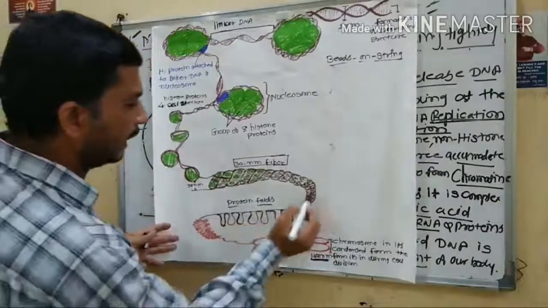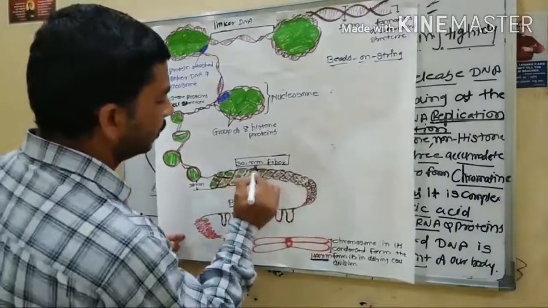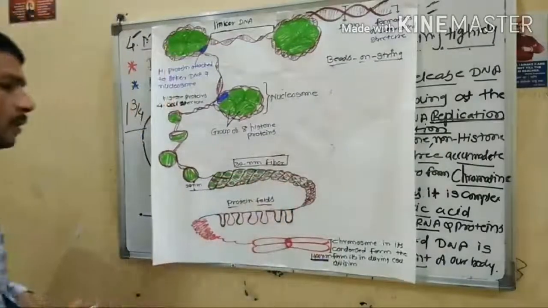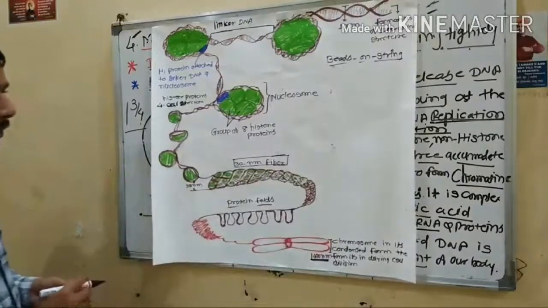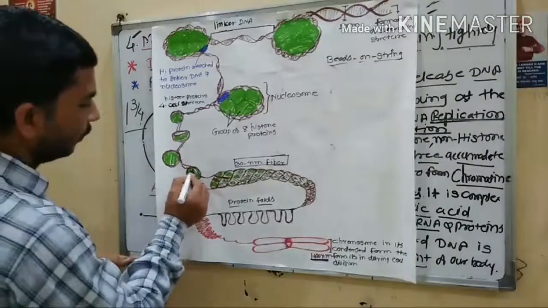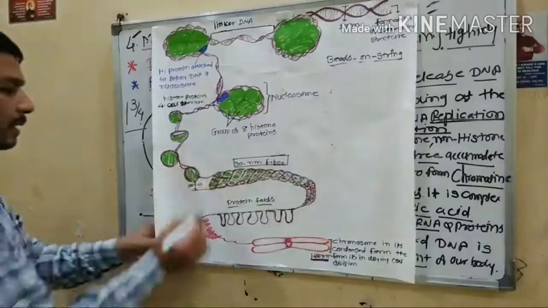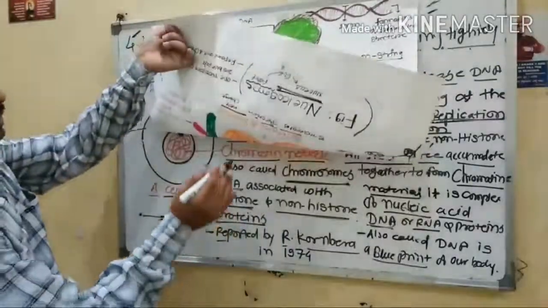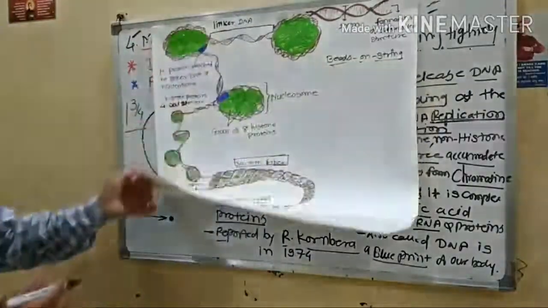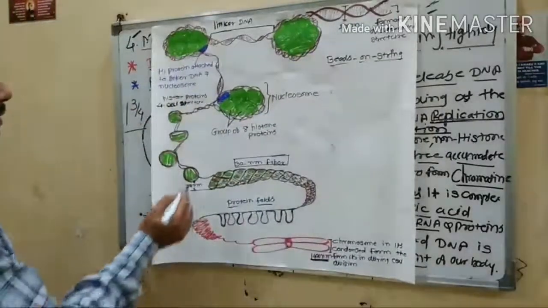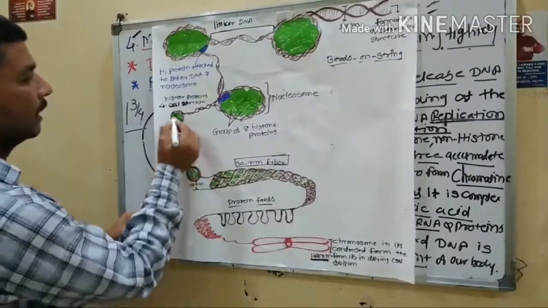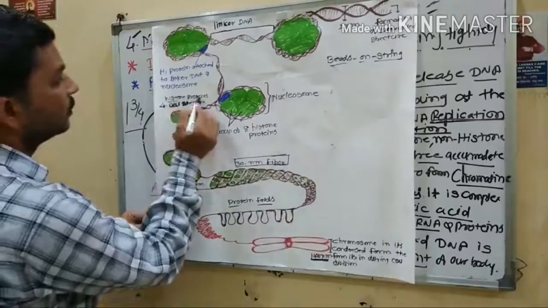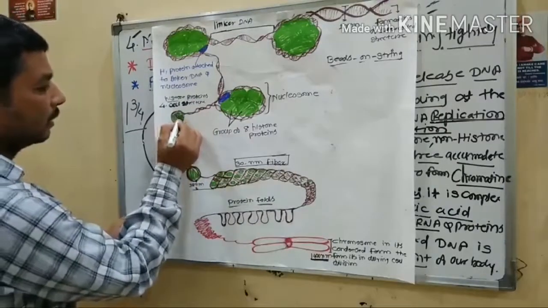Then after that they form 30 nanometer folds, and this diameter is 30 nanometer, and we observe this single beaded structure. Then another structure, the 4 cell structure of histone protein, is observed here.